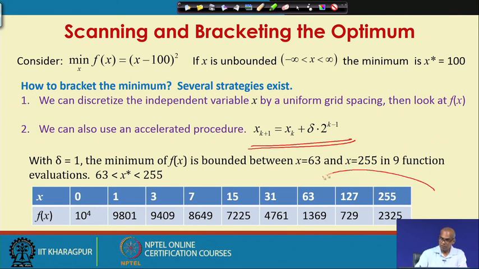You look at this part, the unimodality of the function tells us that the minimum is bounded between 63 and 255. So, this way we can bracket the minimum quickly.